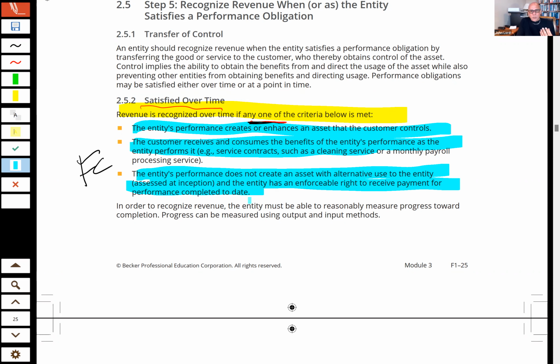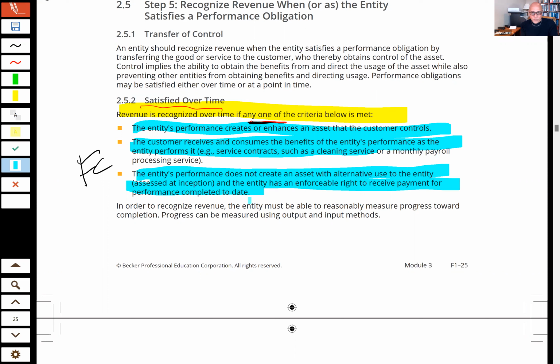Let's say someone's building a custom yacht for you. And you've said, I want the yacht to have this kind of kitchen and that kind of inboard, outboard, and lights and fancy dancing areas and so on and so forth. Well, in that case, their performing creates an asset that doesn't have an alternative use other than for you to take that yacht.